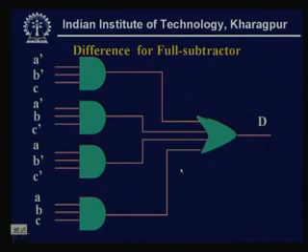So, if we see the difference for the full subtractor, it is totally the same as that of the full adder circuit, because the expression is the same. Already we have discussed that 4 3-input AND gates and 1 4-input OR gate are needed.